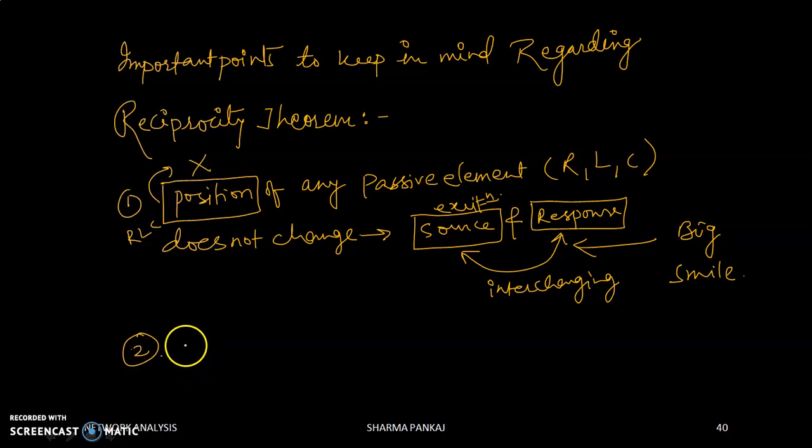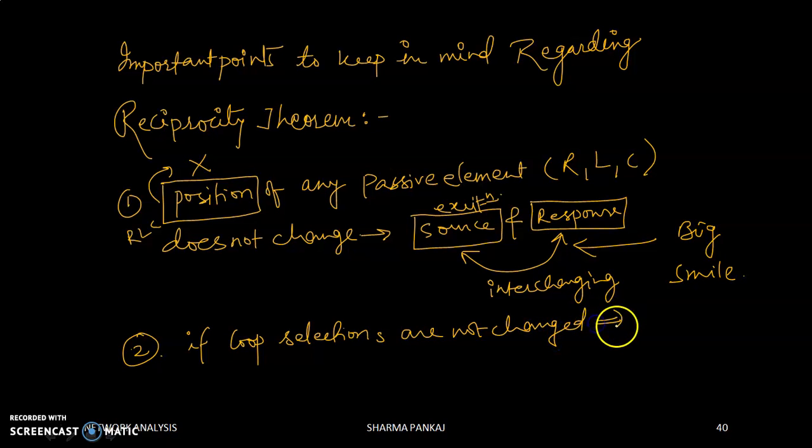It means that if loop selections are not changed, that implies the impedance matrix remains the same.